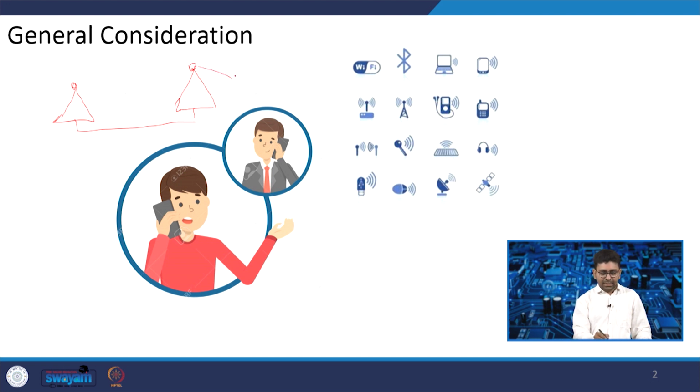Now, there are two wireless links, and in between there is an optical link. So, there is a combination of wireless and optical links in order to do the complete communication.